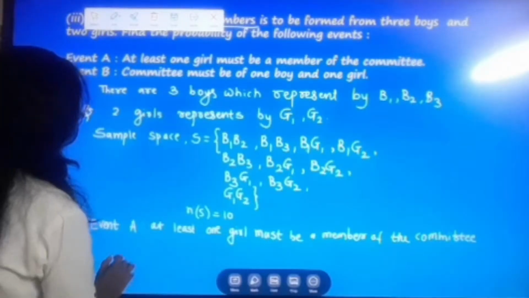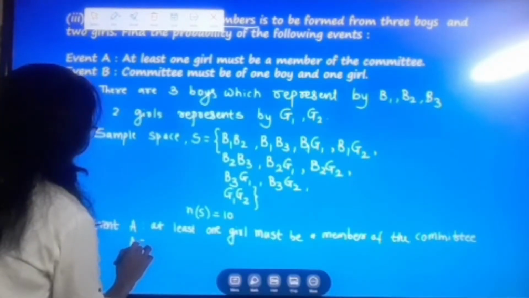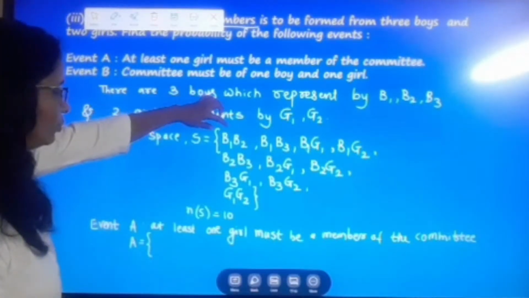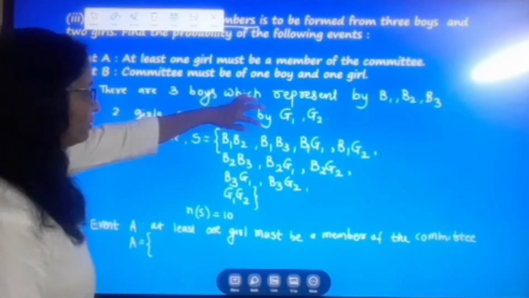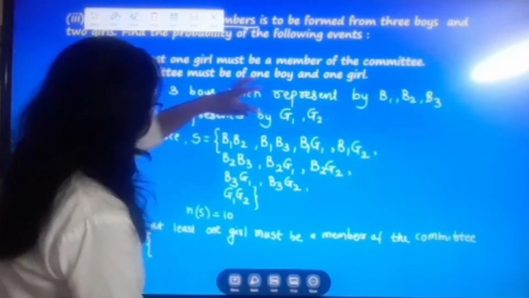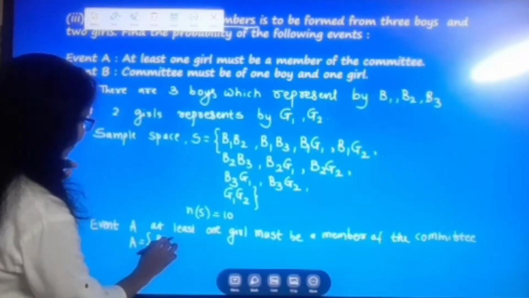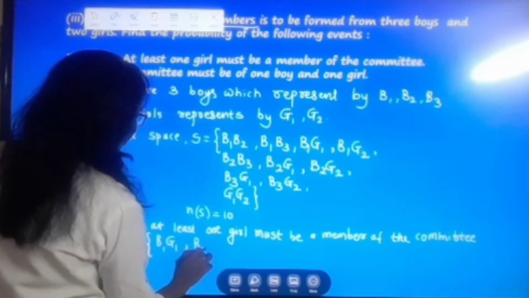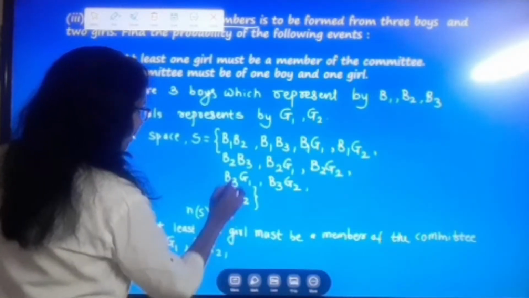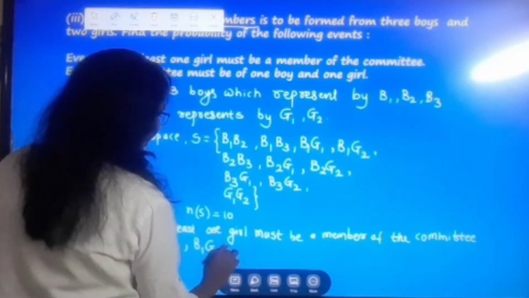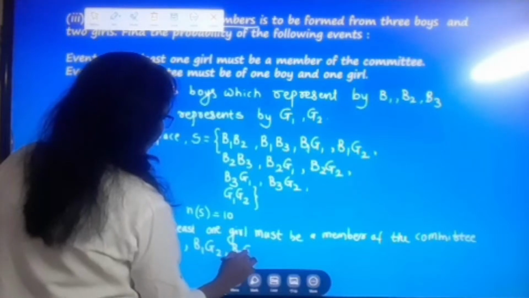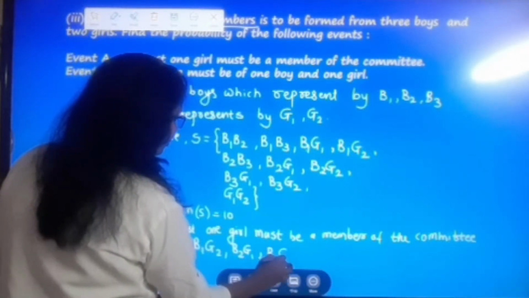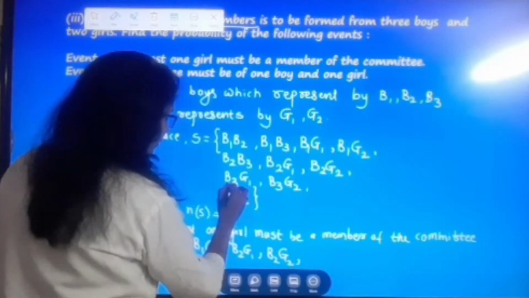So now students, in the A event, see here: B1, B2, no. B1, B3, no. B1, G1, yes. Then B1, G2. Then B2, B3, no. B2, G1, yes. Then B2, G2. Then B3, G1.